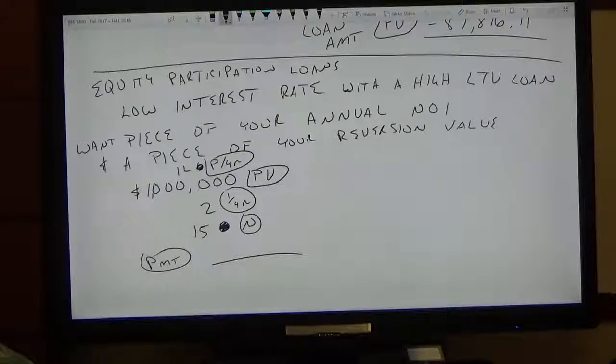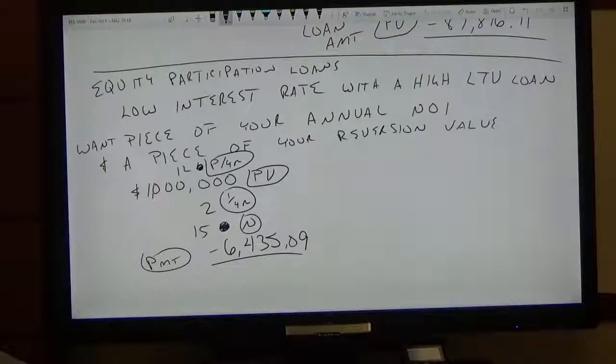So let's just start off with this. That would be our monthly payment. Nothing new, that's our monthly payment.